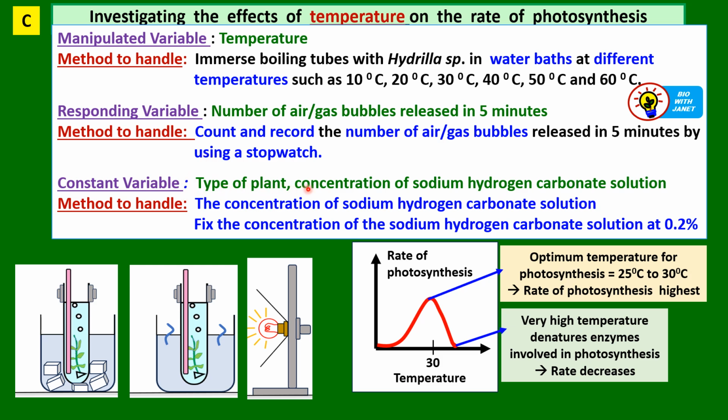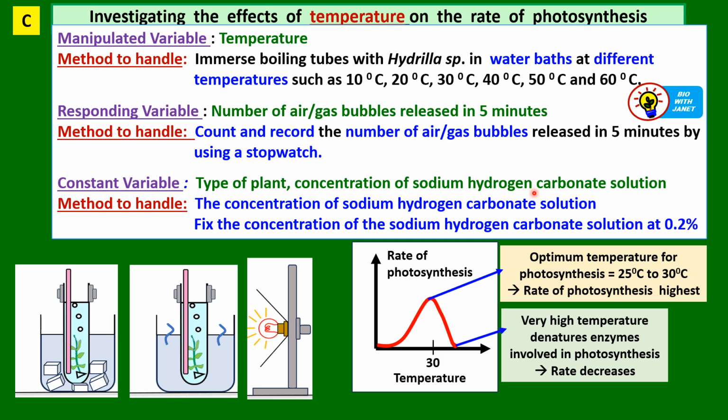Now, constant variable. Again, it's similar in some ways to the other factors, but it may change, of course, because here you are studying effect of temperature, so you must keep the concentration of sodium hydrogen carbonate solution constant.